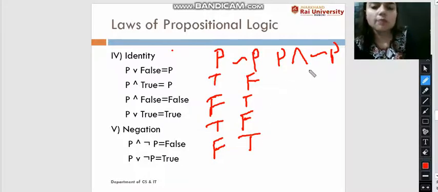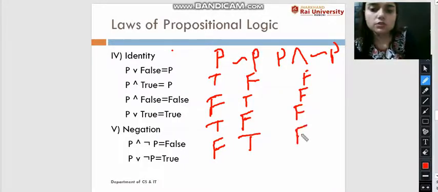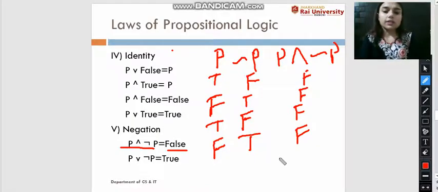We have to apply the AND operator. True and false is always false. False and true is false. So we got false. So yes, here LHS equals RHS. The second one can also be proved using the truth table.